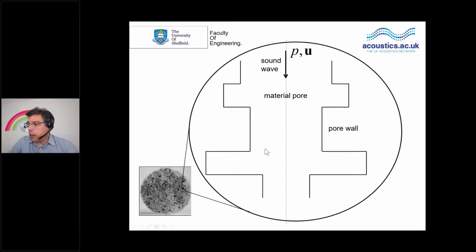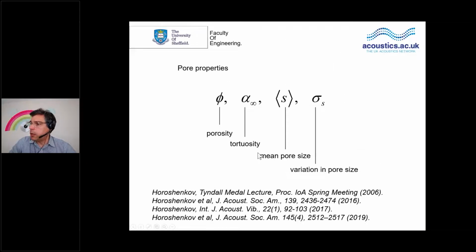Interestingly here, the most important quantities would obviously be the size of the pores and the number of pores per unit area, or porosity. And that's something I'll show you on the next slide.